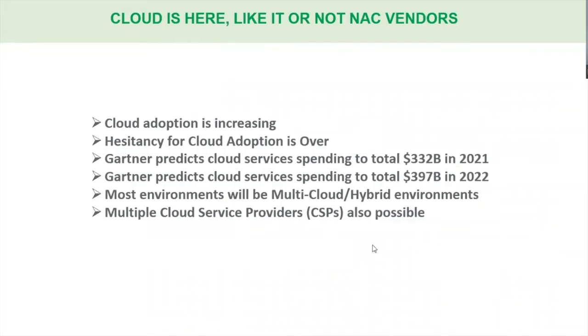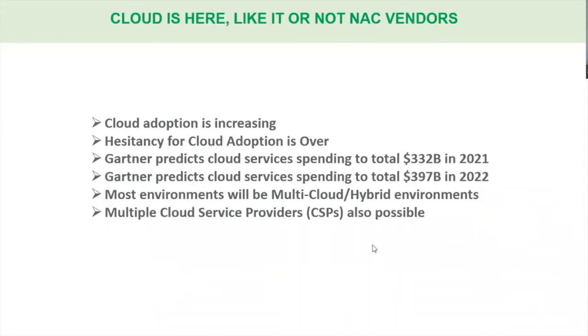Well, why is that? So, like it or not, for the NAC vendors that are out there, cloud is here. It's here to stay. And that is a tough proposition because many NAC solutions were designed around the entire premise of protecting an on-prem or a corporate enterprise network.